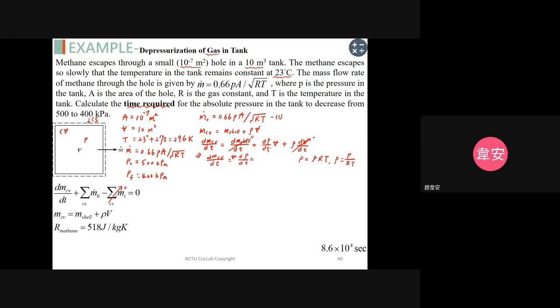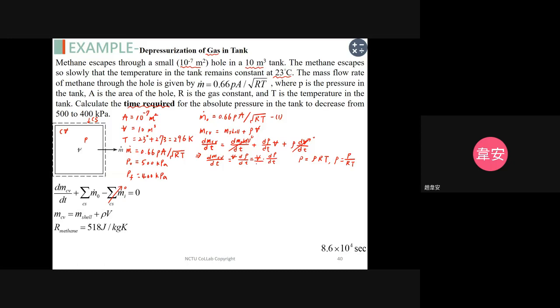So here we can rewrite: keep the volume and multiply dP/dt, and the gas constant R and the absolute temperature T are constant values, so I just take them outside.